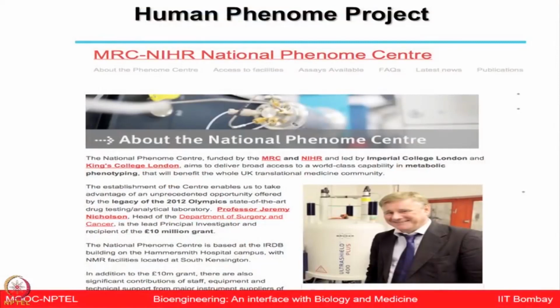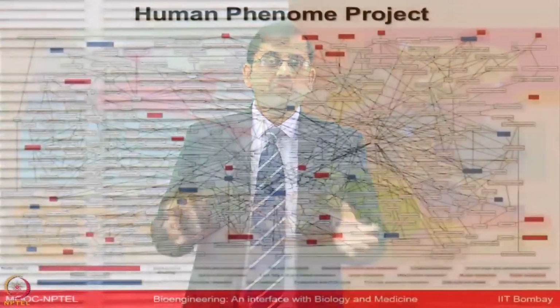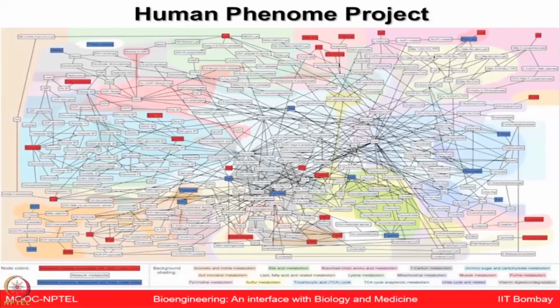Other mega projects which are happening currently intend to look at the maximum molecular changes happening in a given individual and to screen the similar things in a large population. So, the Human Phenome Project in London is looking at profiling all metabolites in healthy populations and populations affected by different diseases, and trying to understand different types of metabolic networks which are being perturbed as healthy individuals acquire different diseases.